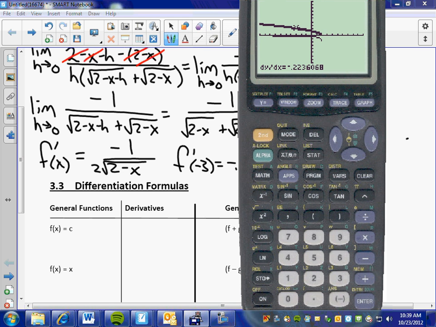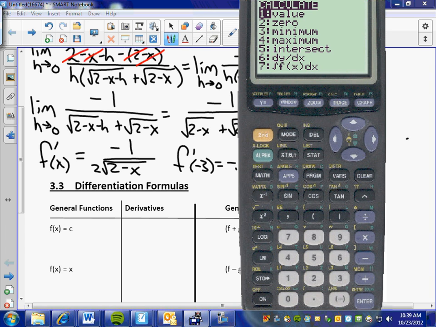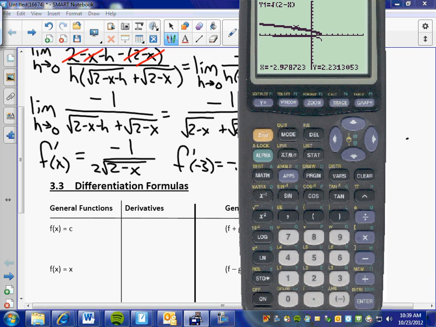So that's one way you can check your work. Again, I go second, calculate. I select number 6, and I choose an x value of negative 3.